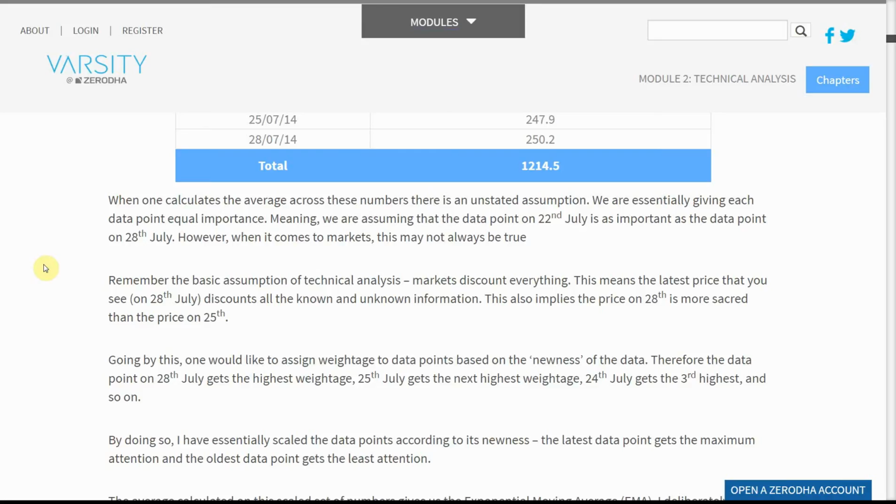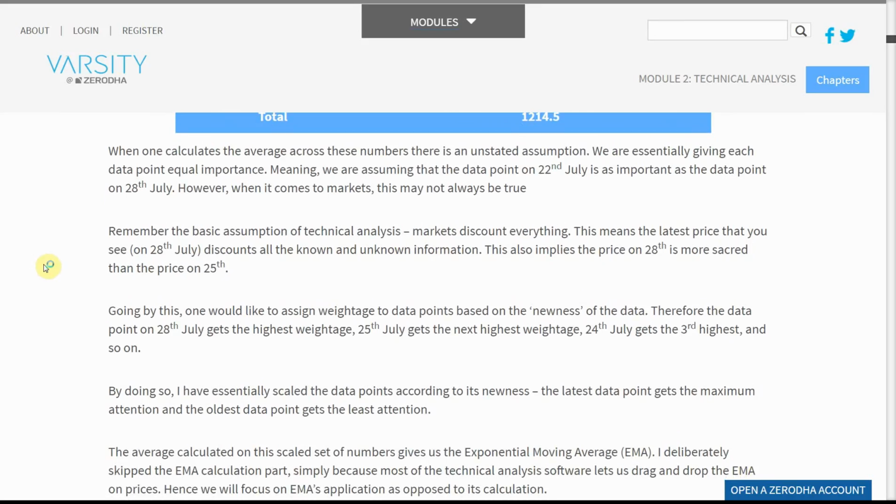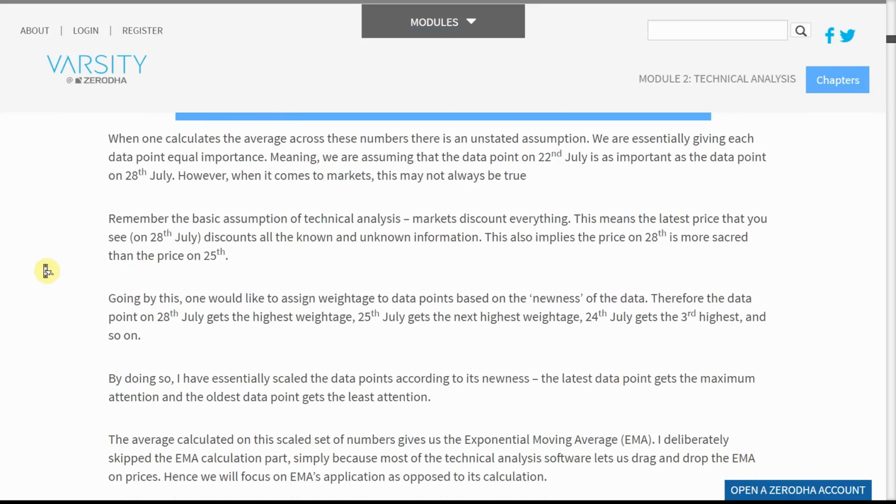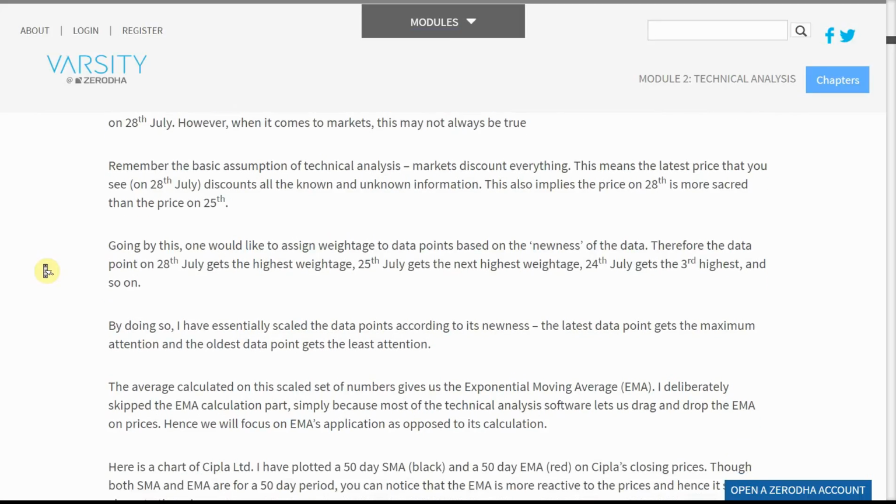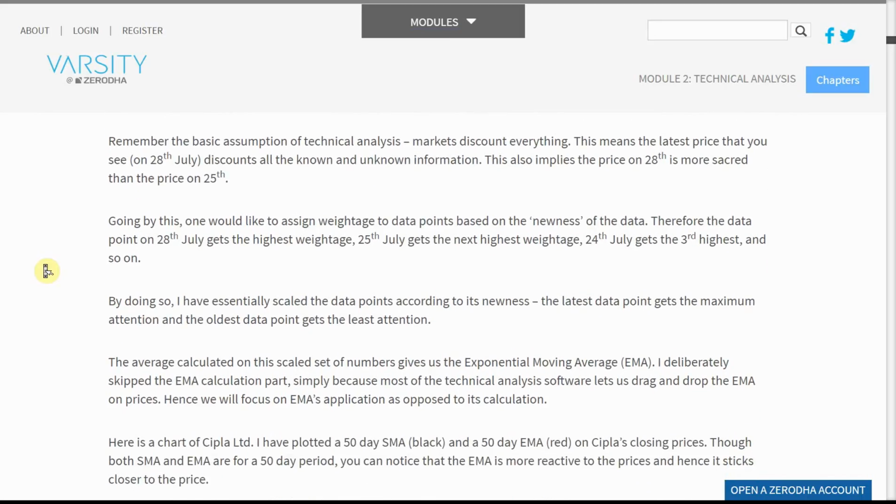However, when it comes to markets, this may not always be true. Remember the basic assumption of technical analysis: markets discount everything. This means the latest price that you see on the 28th of July discounts all the known and unknown information. This also implies the price on the 28th is more sacred than the price on the 25th. Going by this, one would like to assign weightage to data points based on the newness of the data.